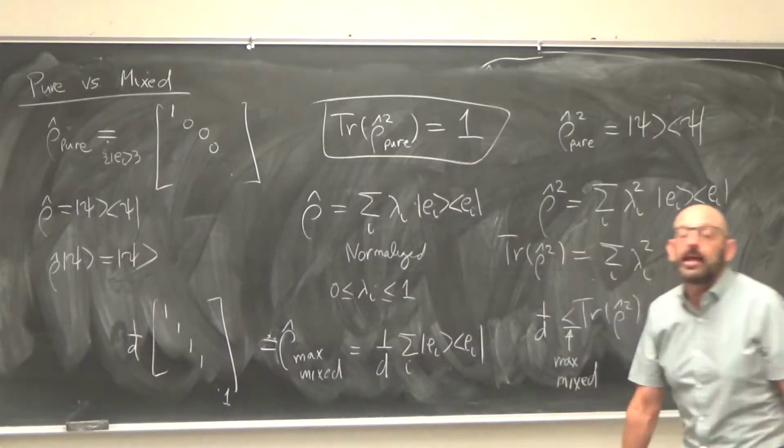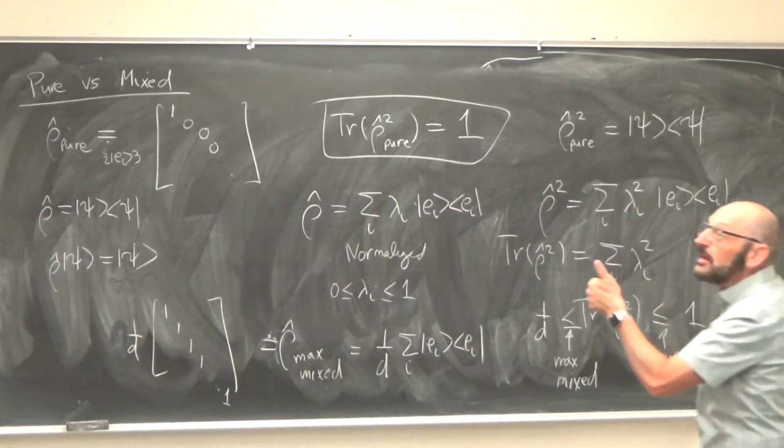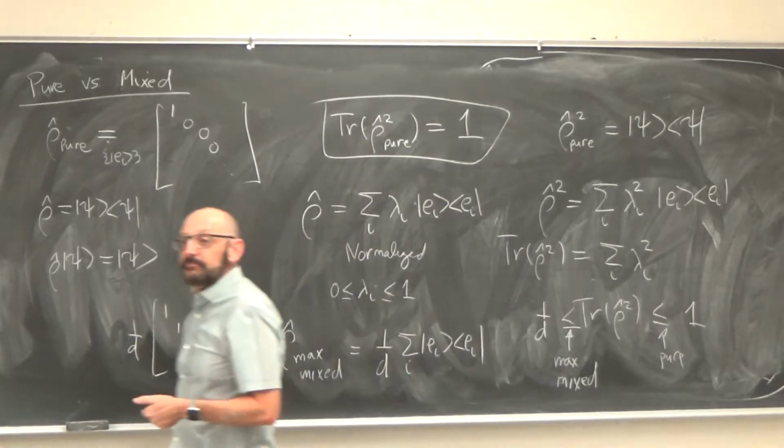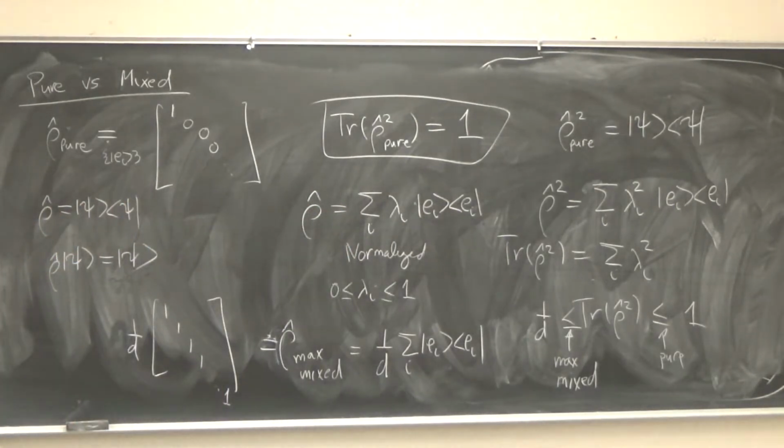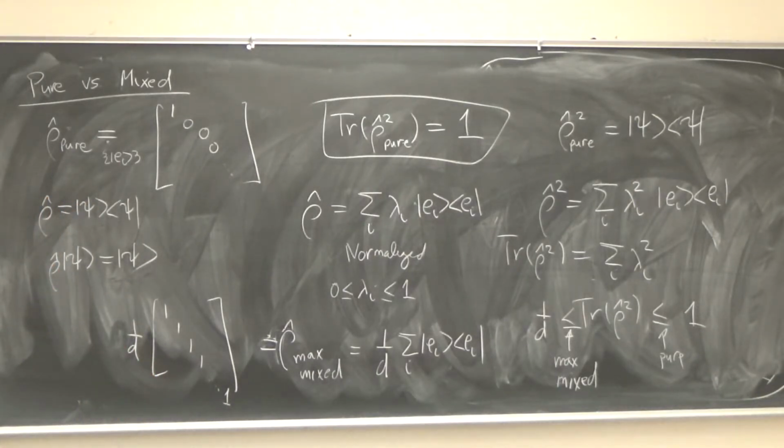So the example that I gave you where I flipped the coin, if the coin was a fair coin, that would be the maximally mixed state. In which case, let's just say a quick aside over here: if I have a maximally mixed state, and I want to know the probability of finding a measuring outcome if I measure in a basis.